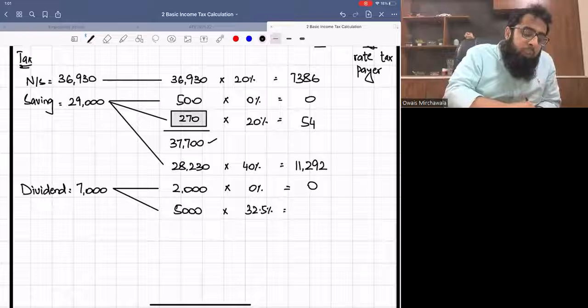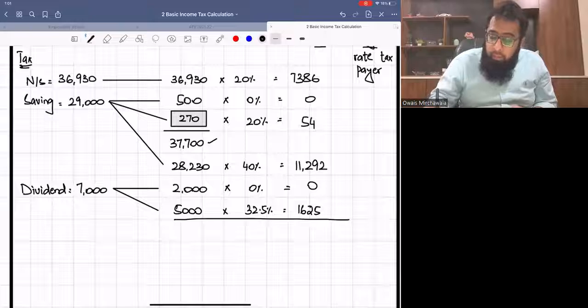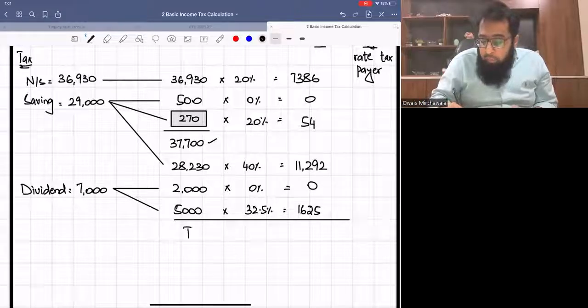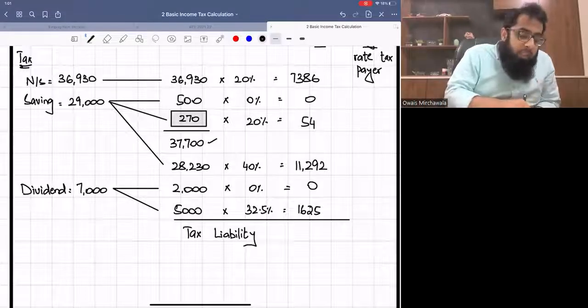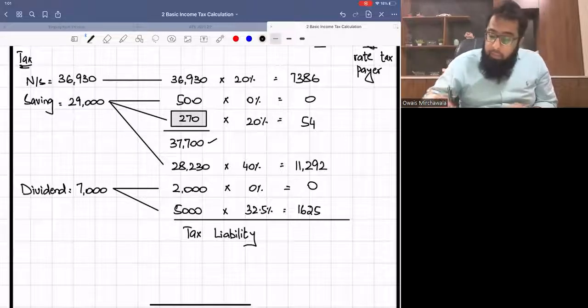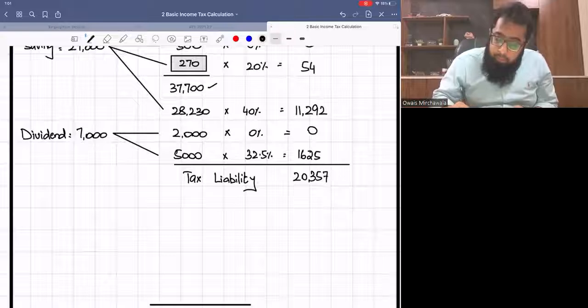Now I hope that this all should become a clerical work for you people. 1625. If I will add up all of them, this will give me tax liability. 7386, 54, 11292, 1625. 20357.